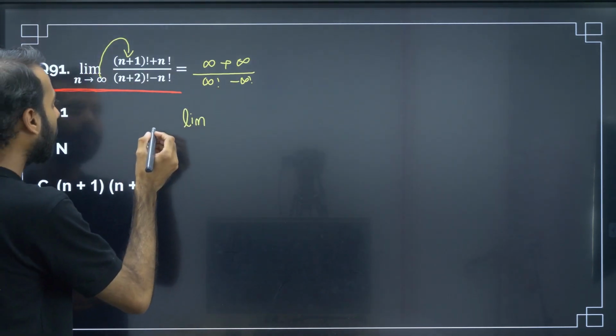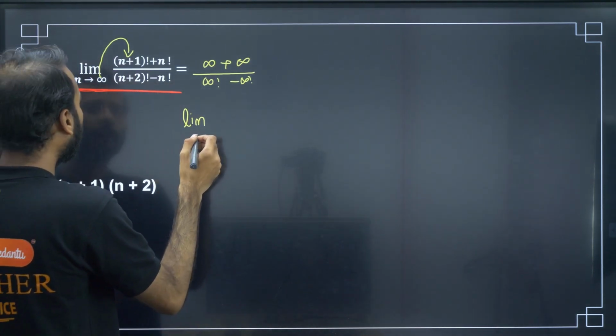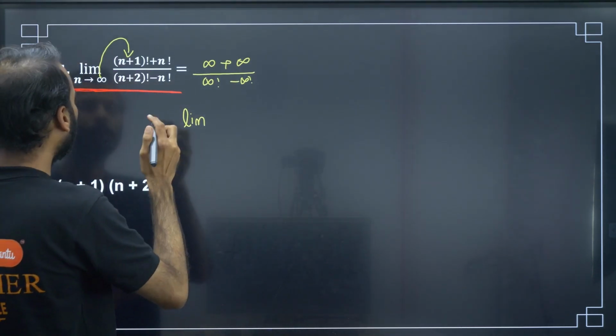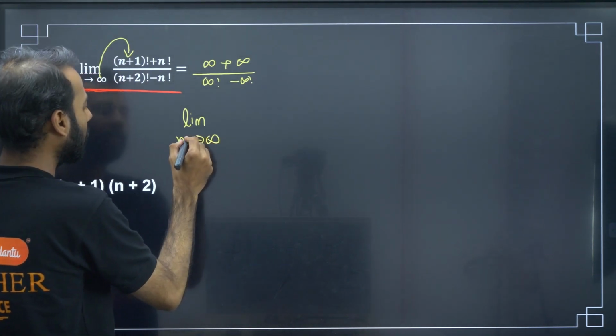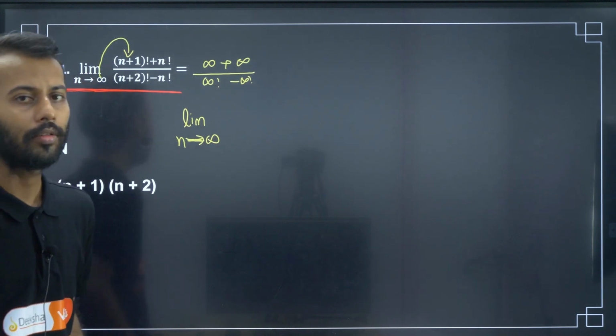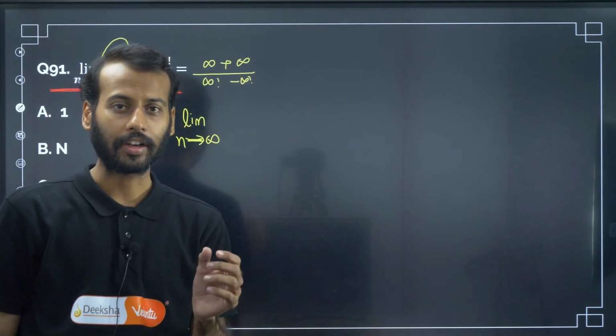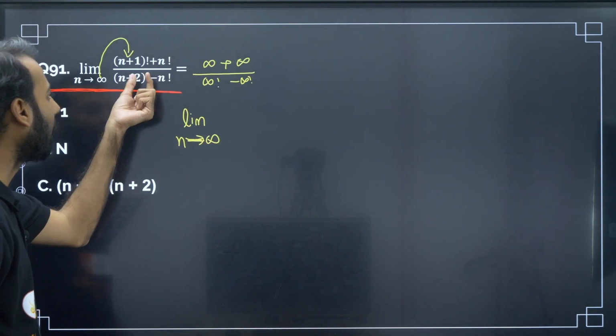Let me write this as limit n tends to infinity. Also let me simplify this algebraic expression. Whenever algebraic expressions are there, one method to solve is that the term or the factor which is causing the indeterminate form, we have to eliminate.